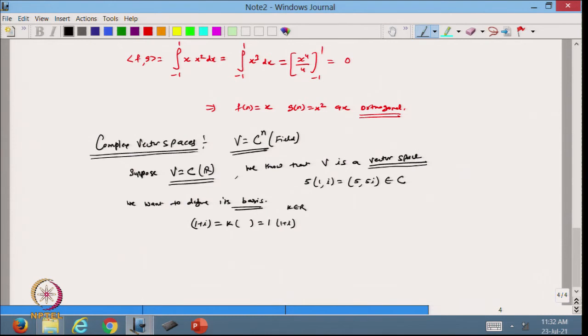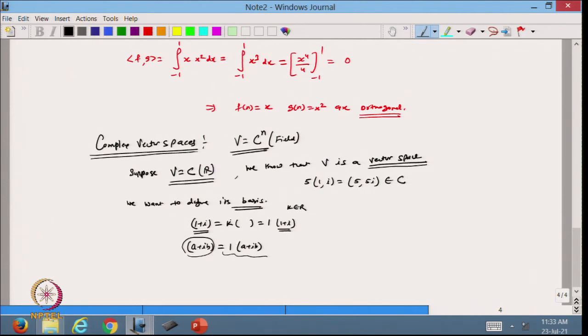It means that 1 plus i is created by only 1 plus i, or any complex number a plus ib can be generated only with the help of 1 into a plus ib. If I choose any vector from the complex plane, it can be written in this form, because the scalars are coming from the real line.